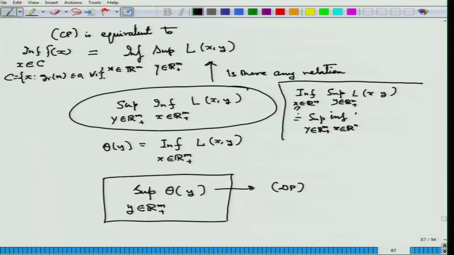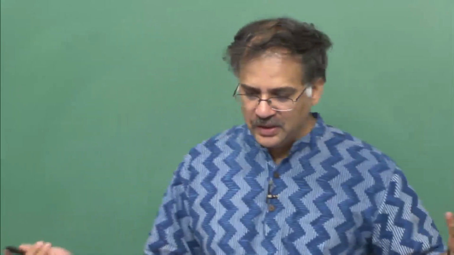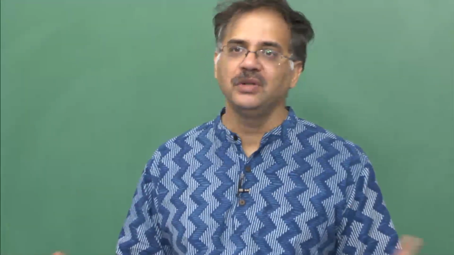So, you can forgive me for these little hang-ups. The question is: is this true if you have a convex problem? If this is true, then we say strong duality holds. Now, is this always true? That is now an interesting question.